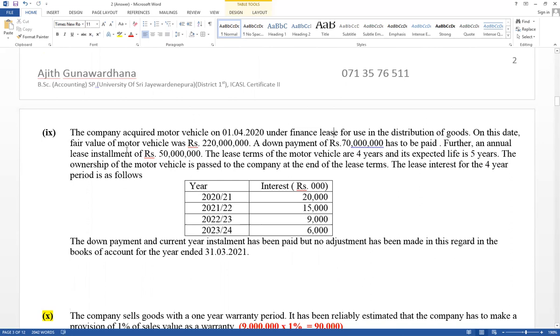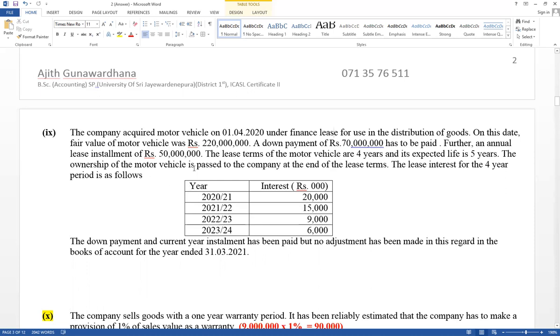On this date, the fair value of the motor vehicle equals 220,000. Fair value is the market value, and a down payment of 70,000 has to be paid. The balance part is the initial lease liability. The annual lease installment is 50,000. Think values in 1,000. The lease term of the motor vehicle is 4 years, and the lifetime is given as 5 years.